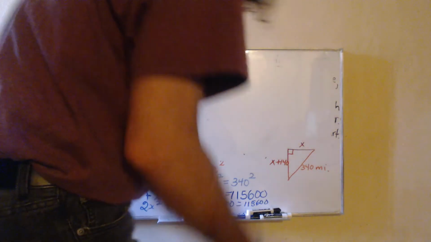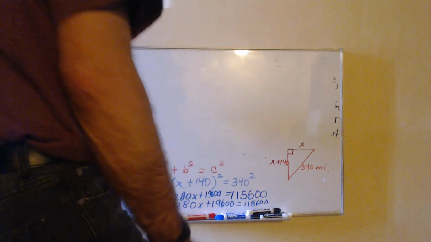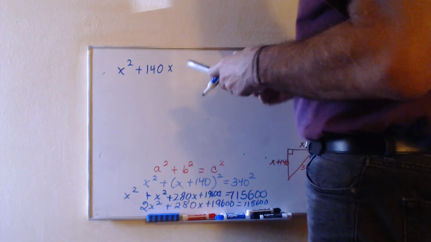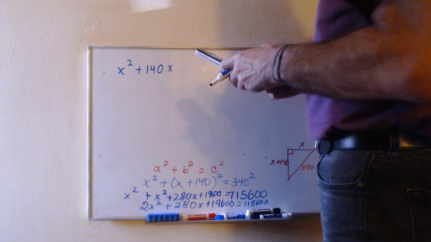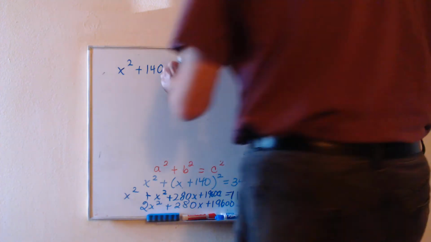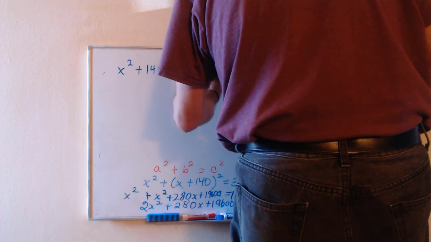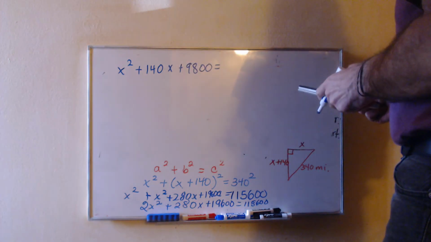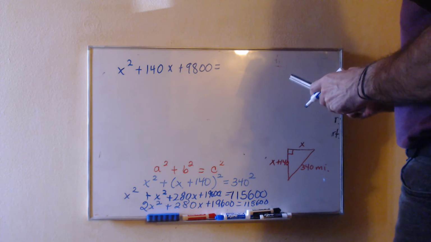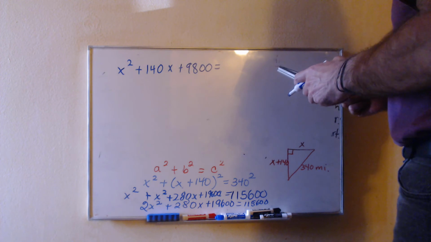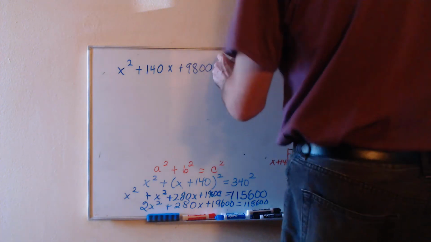So it's going to give us x squared plus 140x, then 19,600 divided by 2, that's going to give us 9,800. And the 115,600, dividing that by 2, we're going to get 57,800.